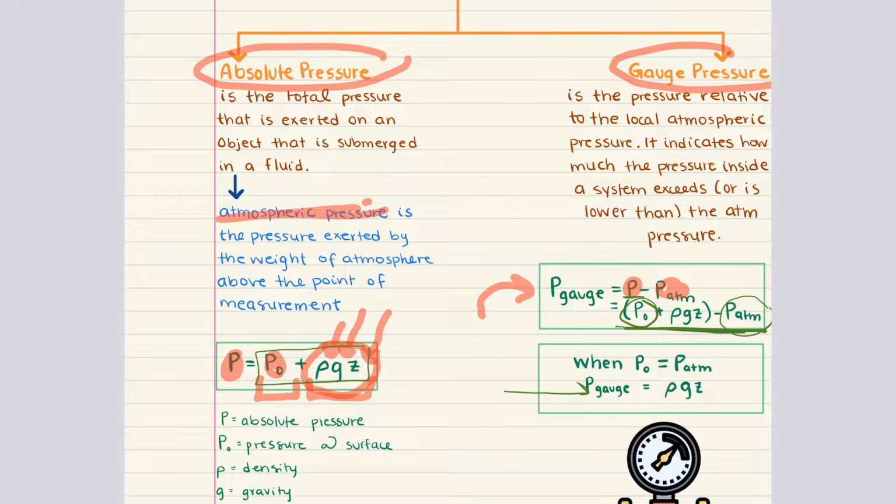This scenario is common when dealing with open fluid systems like a swimming pool or a tank that's open to the atmosphere where the surface pressure is the same as the atmospheric pressure.